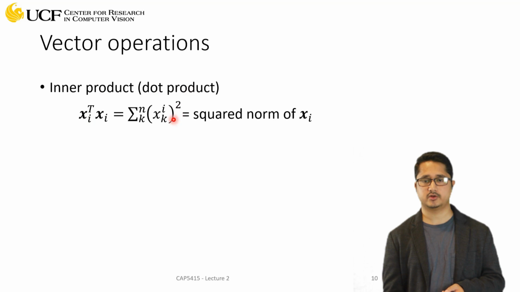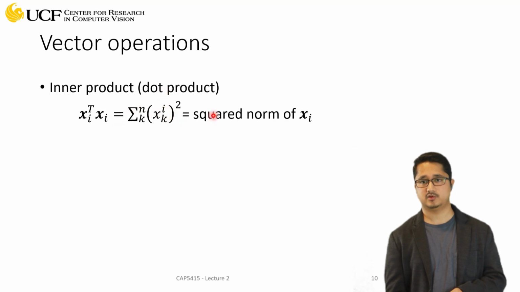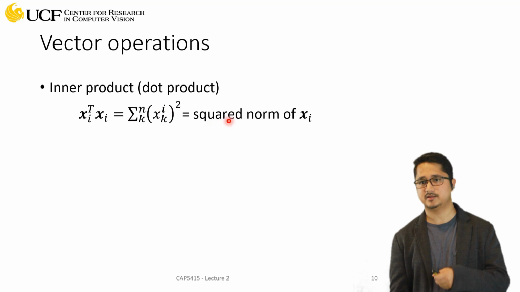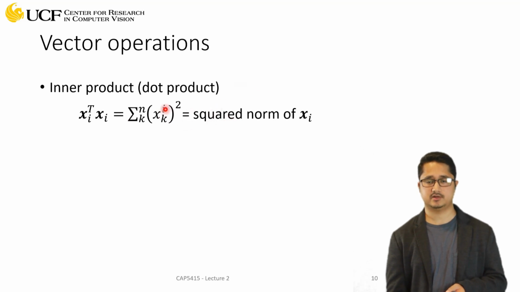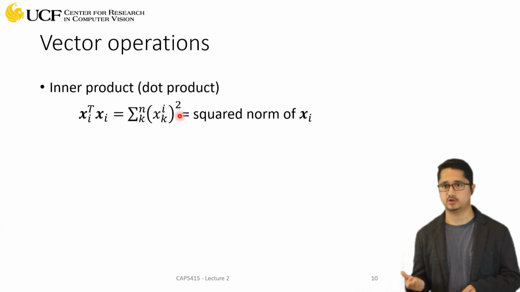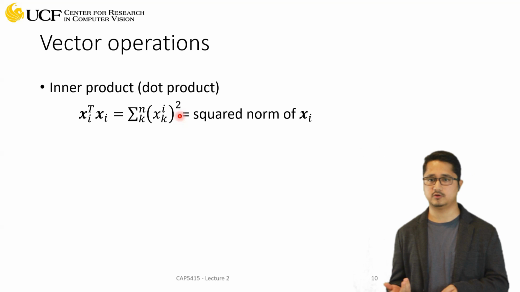And if you think about this, this is going to give you the squared value of each element, and you just sum those up. And if you remember computing the L2 norm, if you square the L2 norm, it is exactly the same value, right?